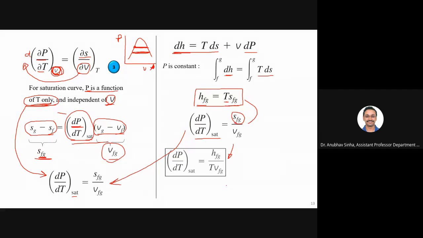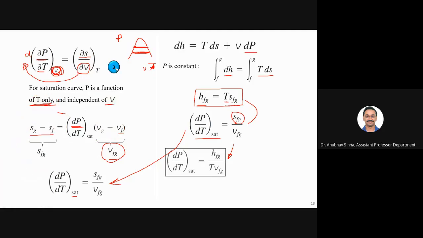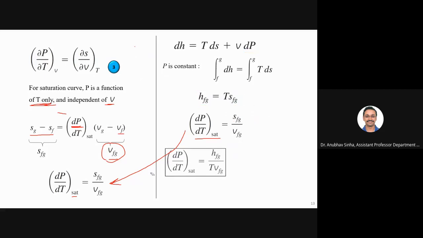Can you see this? Let me do one thing: I will erase everything and write again. It is a little bit tricky, so just bear with me, but try to understand what I am pointing out.